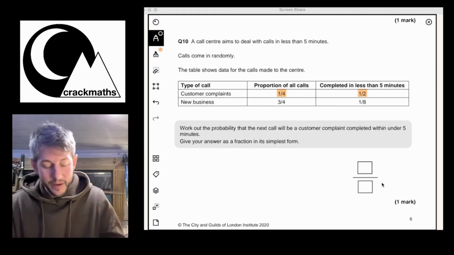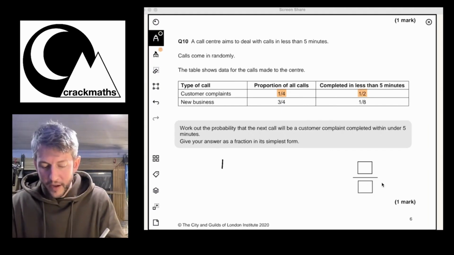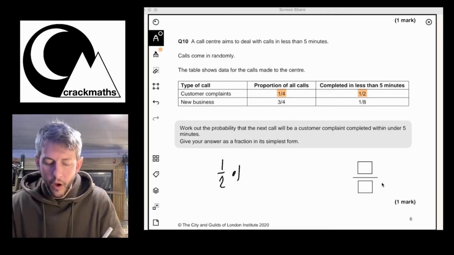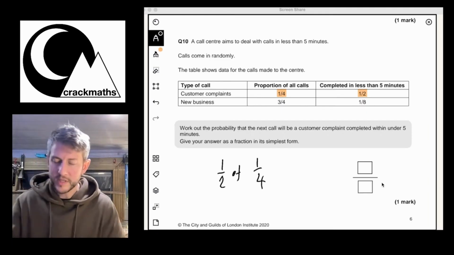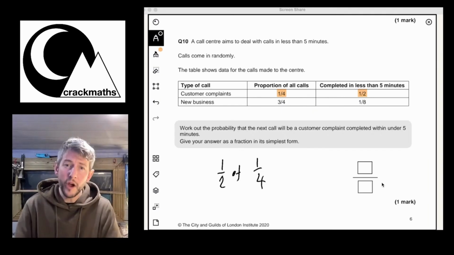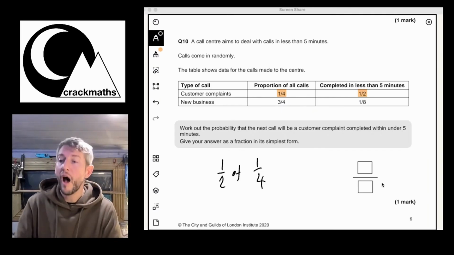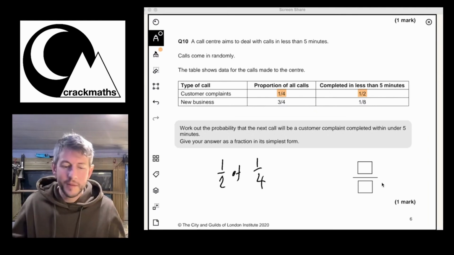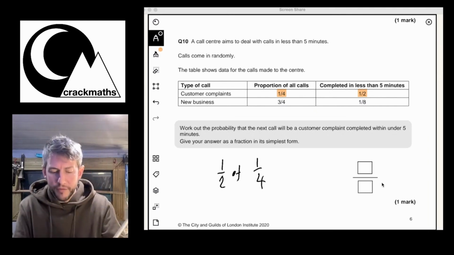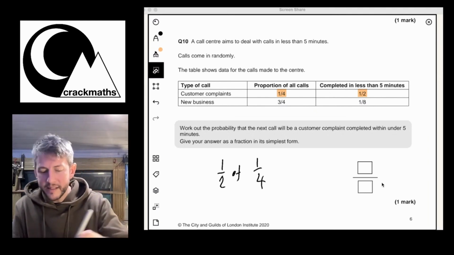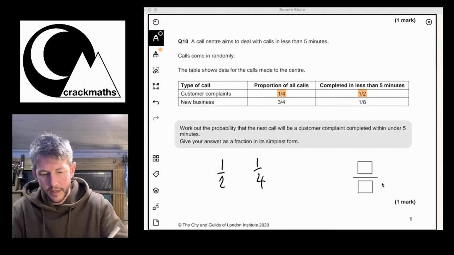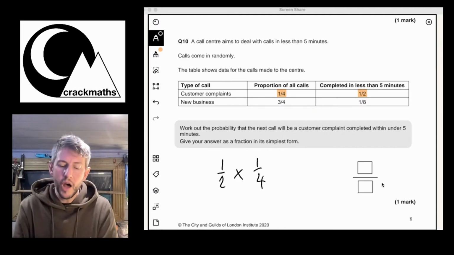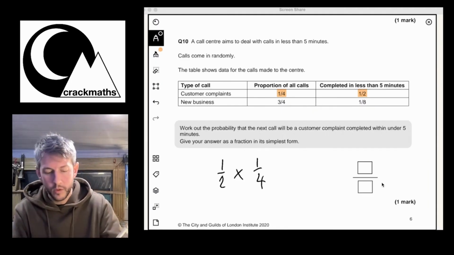So basically what we're looking at is we're trying to find out half of a quarter, okay? We know that a quarter of the calls are complaints, half of those are completed in less than 5 minutes. So half of a quarter of means times, okay? So we want half times a quarter.